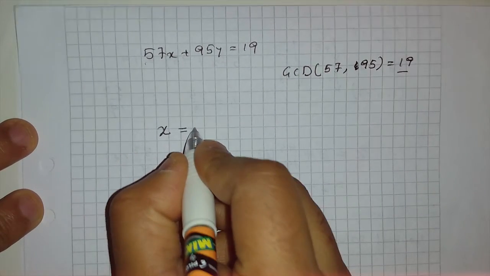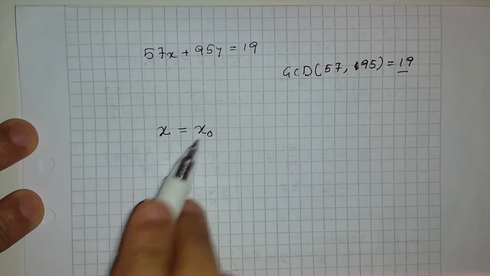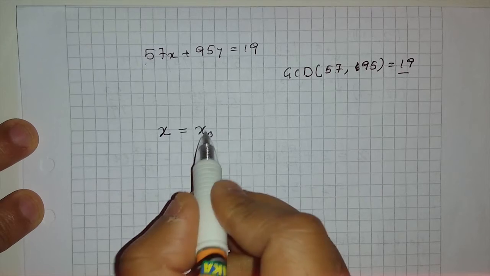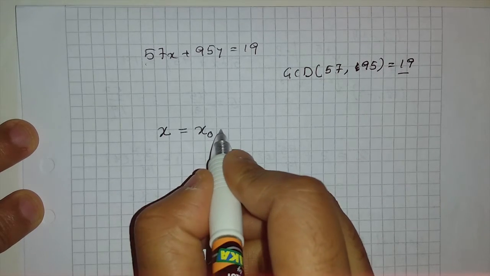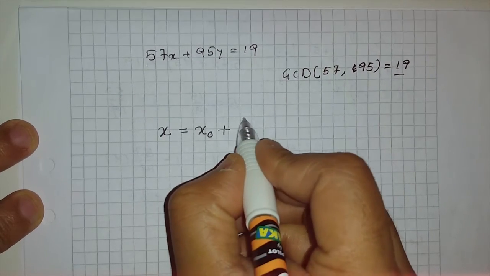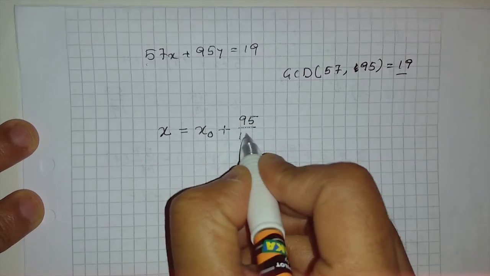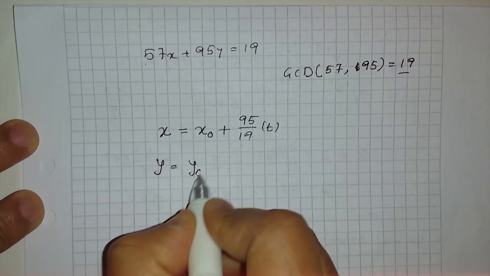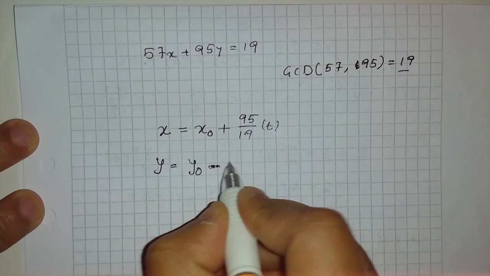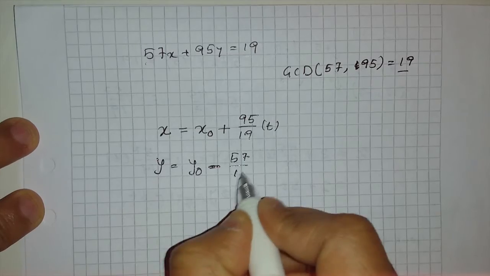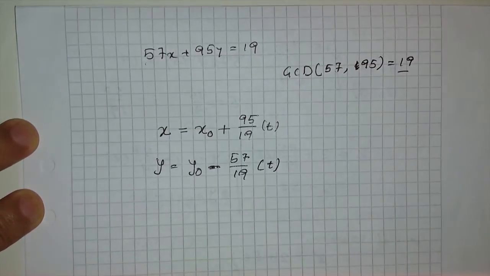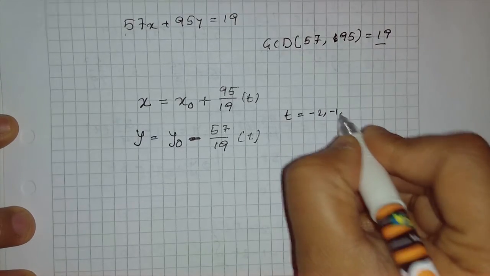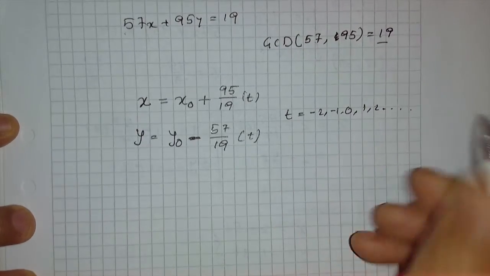The solution x equals x naught, that is one particular solution that we would find out while solving these things, plus 95 over 19 times t. And the other solution is y equals y naught minus 57 over 19 times t, and t can take any integer values, that is minus 2, minus 1, 0, 1, 2, anything.